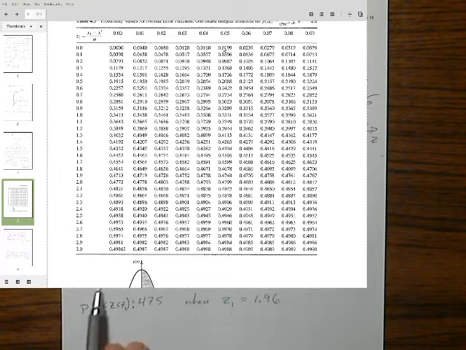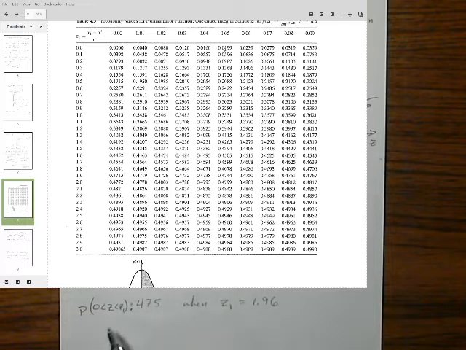Now you don't have to write this out, I'm doing this so that, and then the probability that Z will be equal to plus or minus Z1 is twice this, or 0.95.